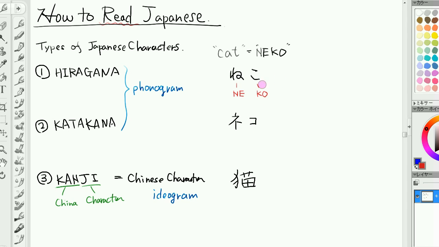So okay, that's hiragana, and katakana is just the same. This one means ne, and this one means ko. So they're always paired. We have two kinds of characters that represent ne, and two characters that represent ko. Why do we have all these pairs?